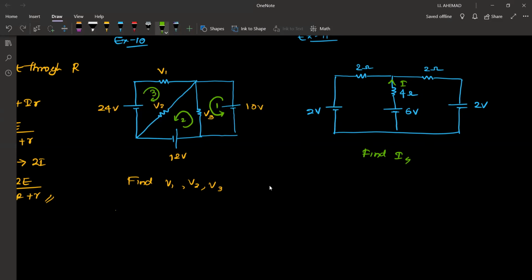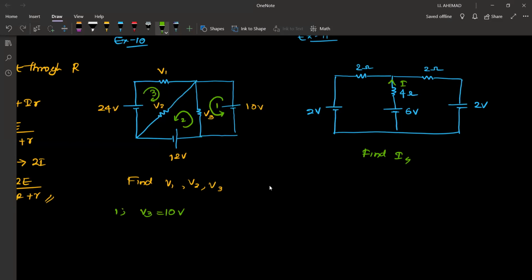So considering loop 1, what can you tell? Here, what is the total EMF in this loop? 10. I mean total potential rise is 10. And what is the drop? Only V3. Therefore, V3 is equal to 10.